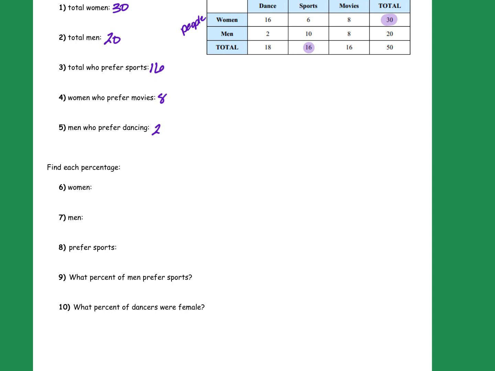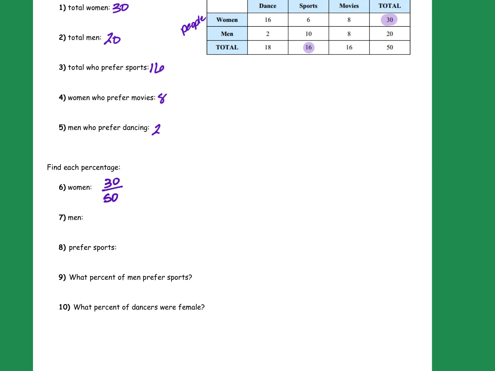So find the percentage of women that were surveyed. How do I find the percentage of women that were surveyed? I'm going to take the number of women, which were how many? 30. And how many total people were surveyed? 50. So I have 30 divided by 50.